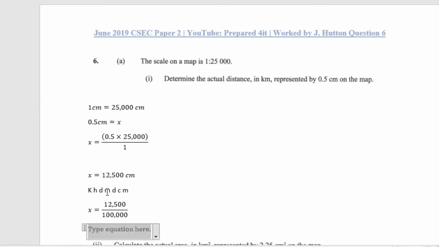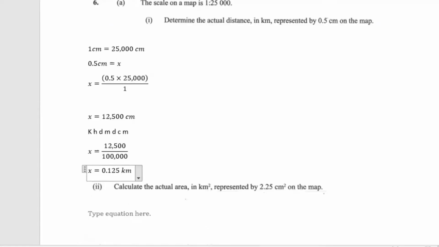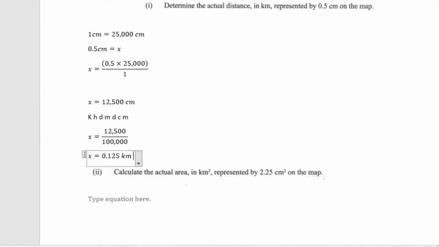And when we do that, x is therefore 0.125 kilometers. And that is our answer for part 1A. So the actual distance in kilometers represented by 0.5 centimeters on the map is 0.125 kilometers.